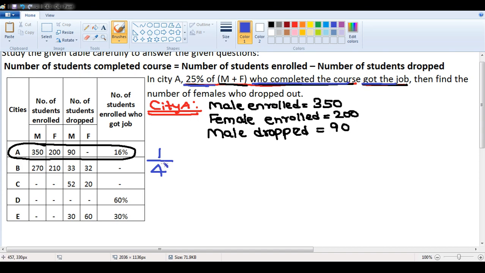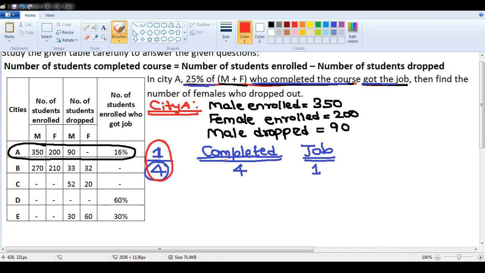That means out of total 4 people who completed the course, 1 student got the job, right? That is the meaning of 1 by 4. Out of 4 persons who completed the course, 1 person got the job. That means according to this fraction, completed is 4, job getter is 1.